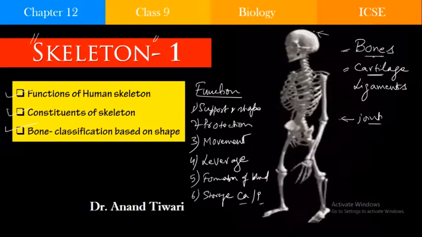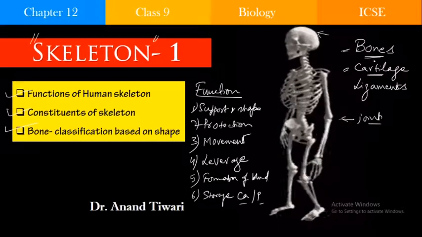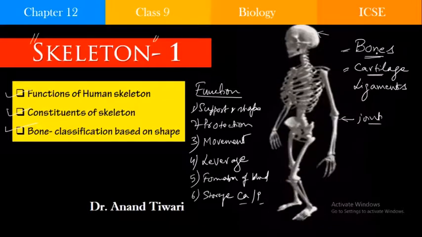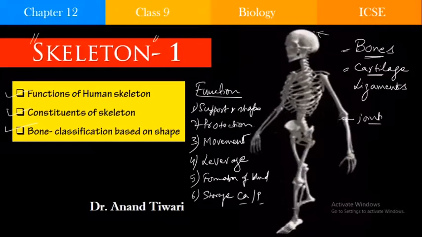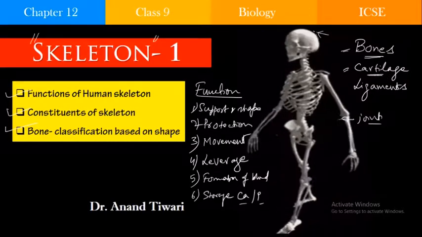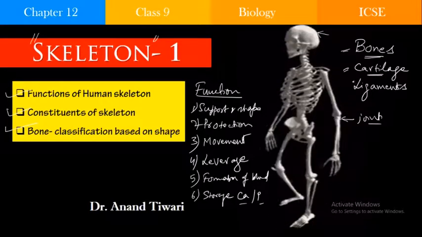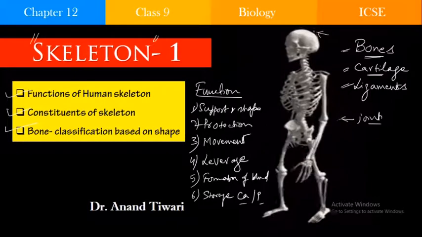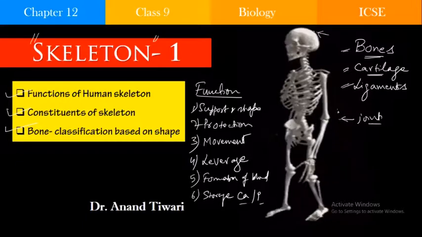The important difference between bone and cartilage is that in the bones we have a supply of blood vessels, and nerves enter inside the bones. But in the case of cartilage, there is no blood supply and there are no nerves. Then the function of the ligaments is to make bone to bone contact.